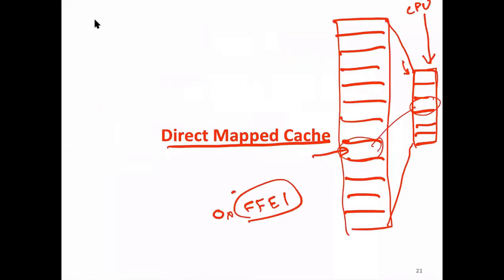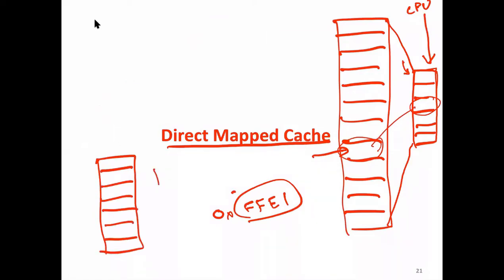For example, let's assume that we have a 16 block memory that is mapped to 4 blocks. Then maybe an address 0000 maps to block 0, and an address 0100 and so on also map to the first block.